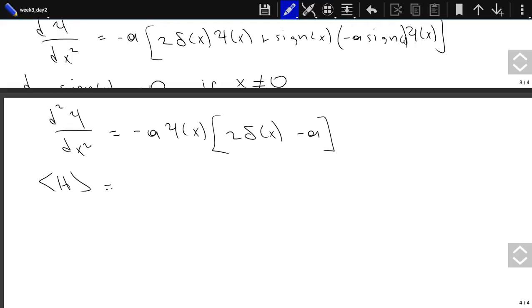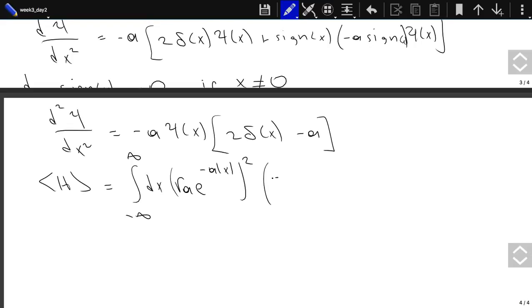This will be, now remember, the integral dx from minus infinity to infinity, square root of a e to the power minus a absolute value of x. This is our psi. So we have this psi star, we have another psi over here, so this is a square.